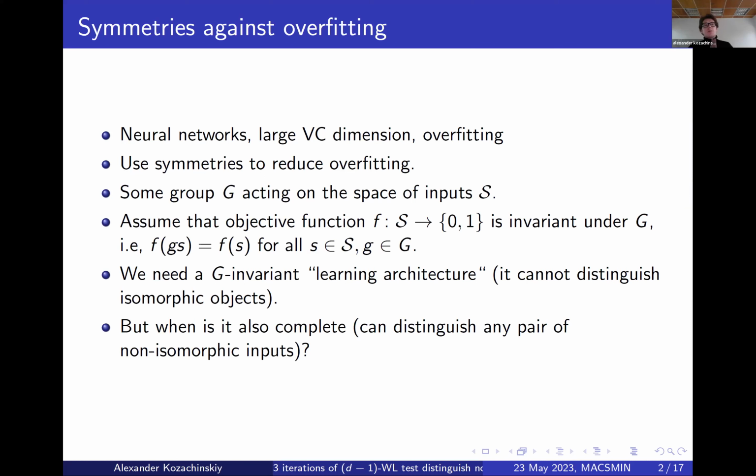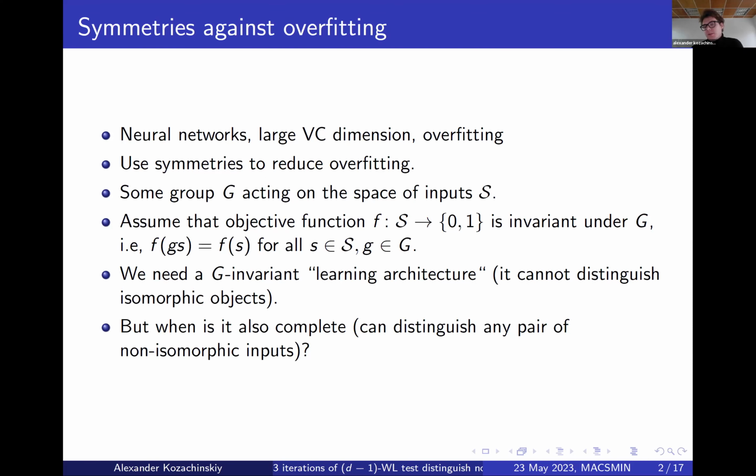So I want to start with some general remarks, not with a lot of technical details. In machine learning, there is this problem called overfitting. Let's say we have some objective function that we want to learn, and then we get training data.